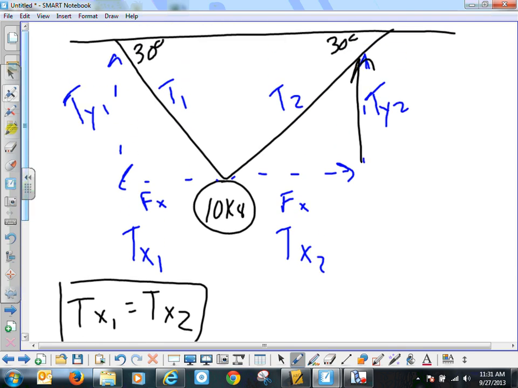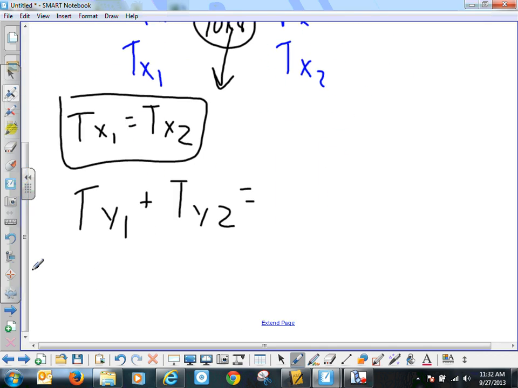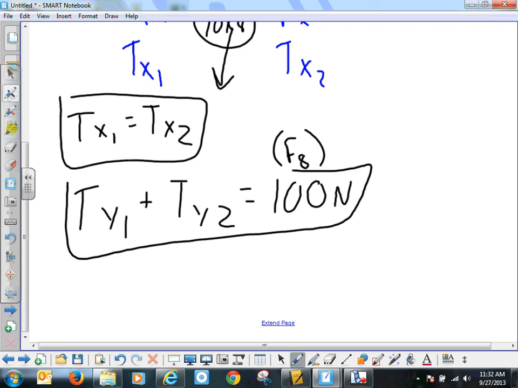Well, these are the only pieces that are going opposite of gravity. So in this case, they equal the force of gravity. So it's 100 newtons, which happens to be the force of gravity of that ball. Okay? So now, these are our two big formulas.